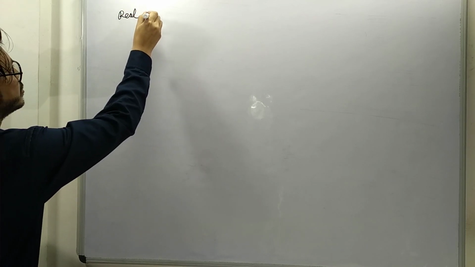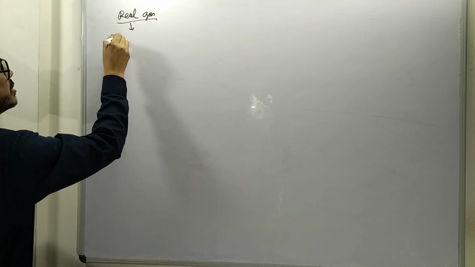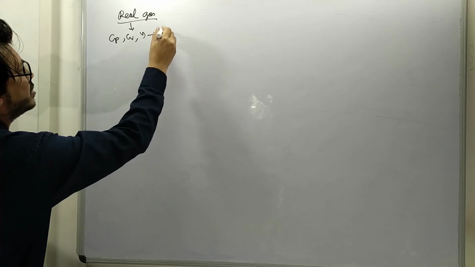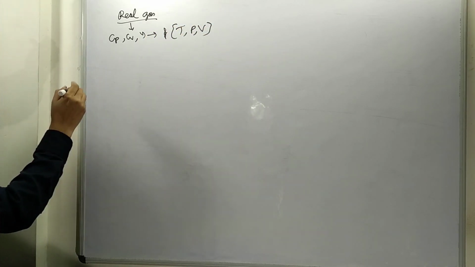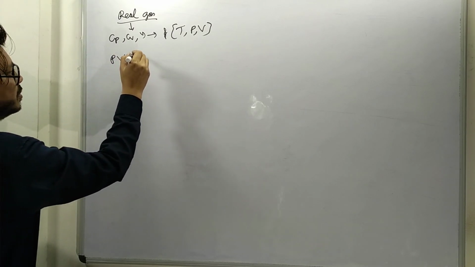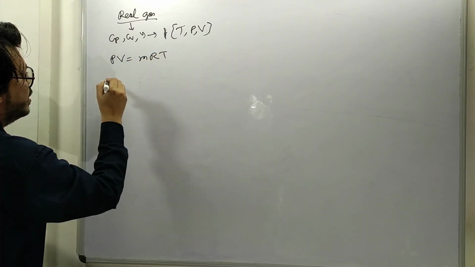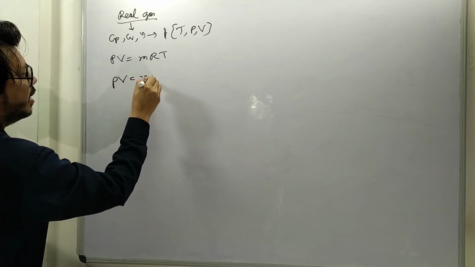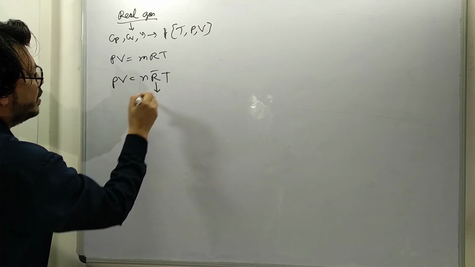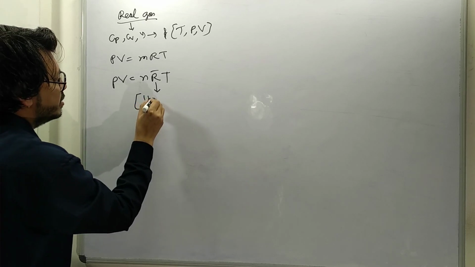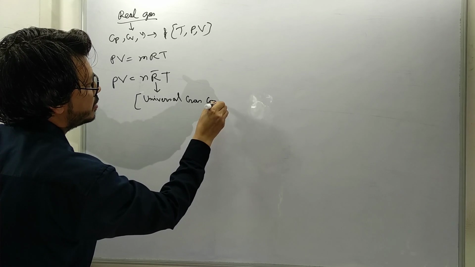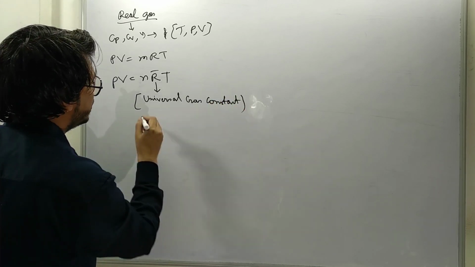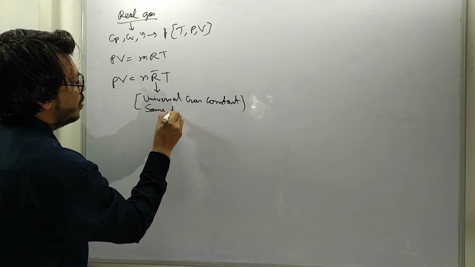Now for real gas, Cp, Cv, gamma are functions of temperature, pressure, volume. From the ideal gas equation, we have PV equals mRT and PV equals nR bar T, where R bar is the universal gas constant, the same for all gases.